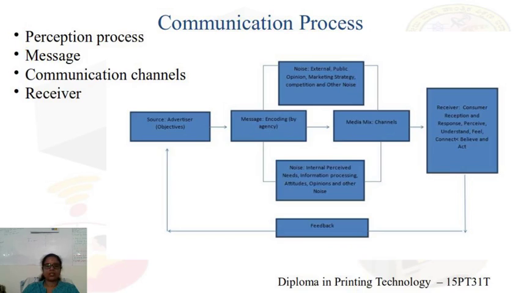Here we are considering the one person to another as the source and the receiver. In the perception process, the perception is the imagination where the source has to be conveying the message through a media to the receiver.